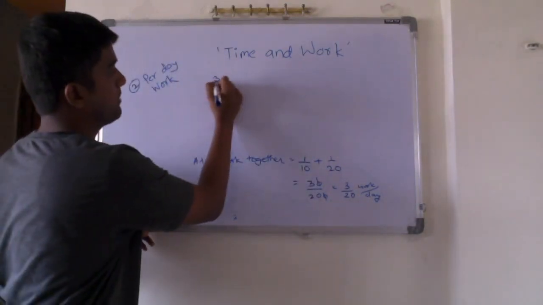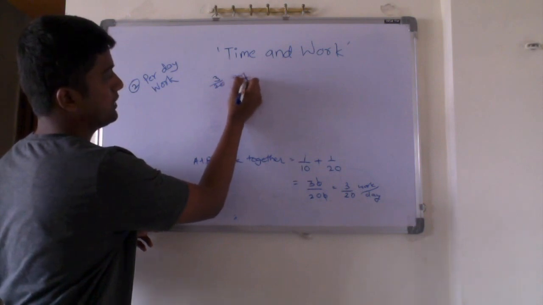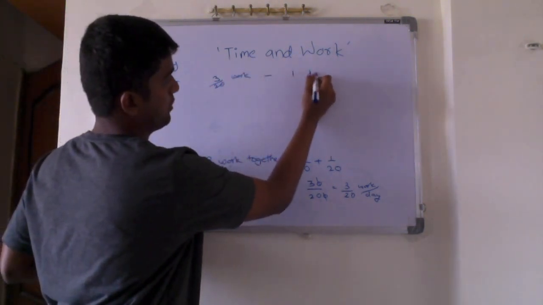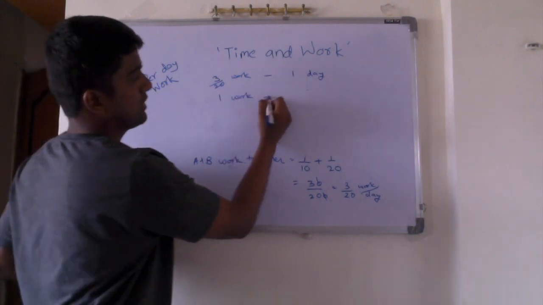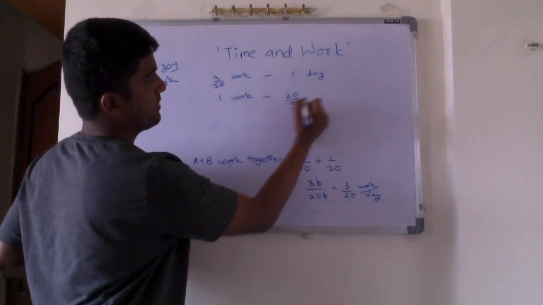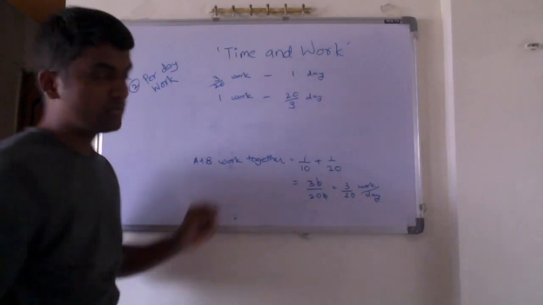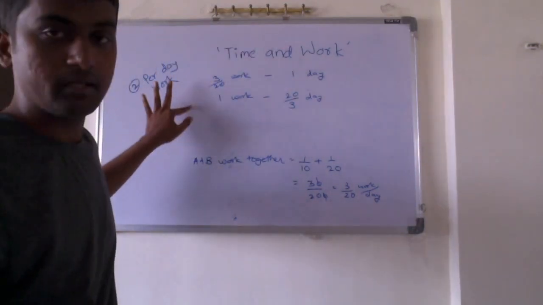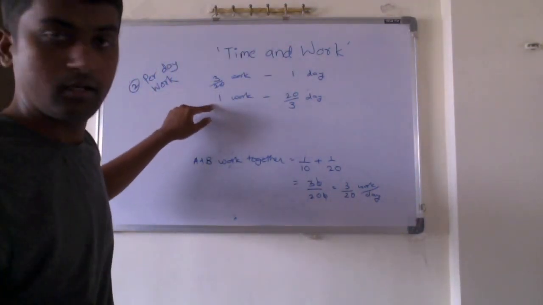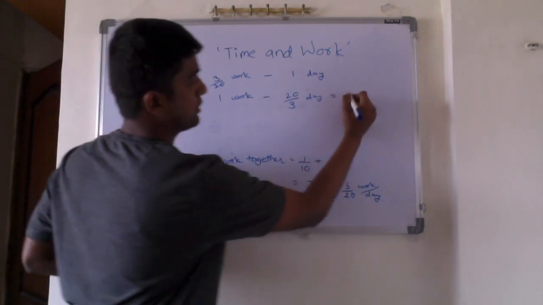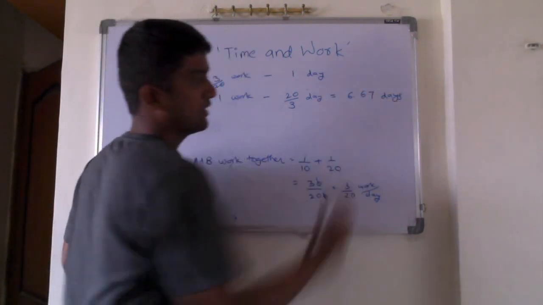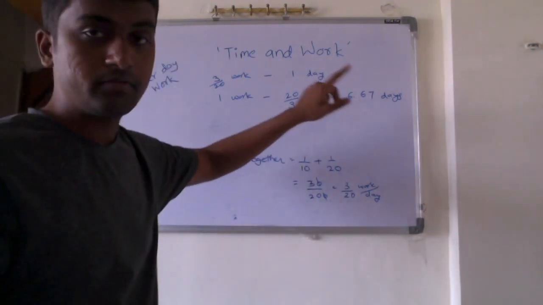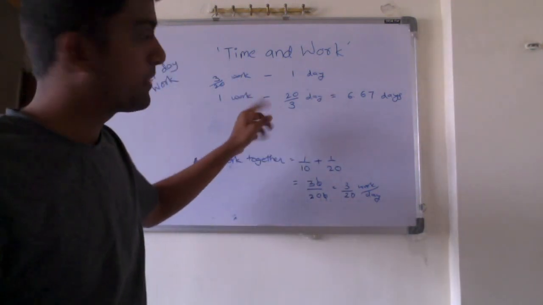If 3 by 20 work is done in one day, to complete one work they'll require 20 by 3 days. I have just multiplied both sides by 20 by 3 to get this number to 1. So this is equal to 6.67 days, which is the answer we got by the earlier method.